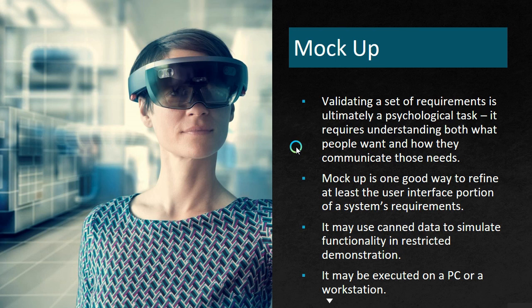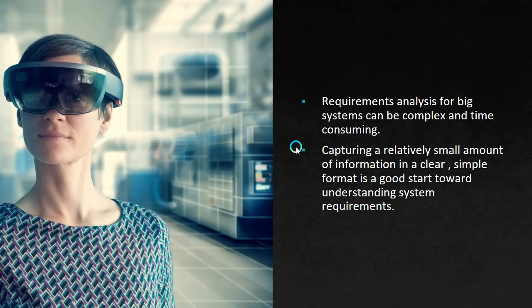It may use scanned data to simulate functionality in a restricted demonstration. It may be executed on a PC or a workstation. Requirements analysis for big systems can be complex and time consuming. Capturing a relatively small amount of information in a clear, simple format is a good start towards understanding system requirements.